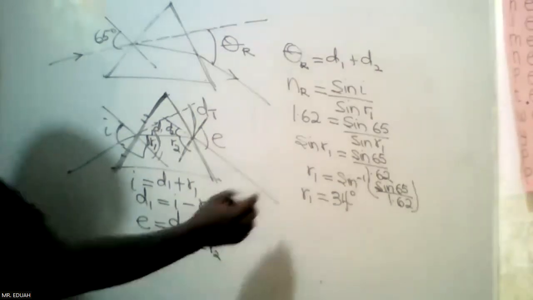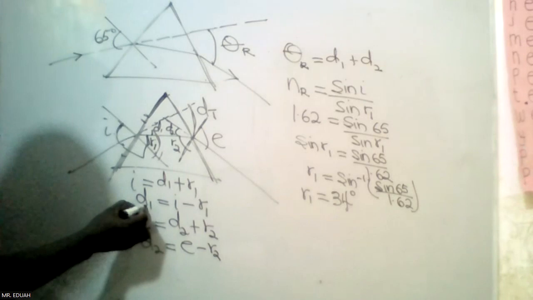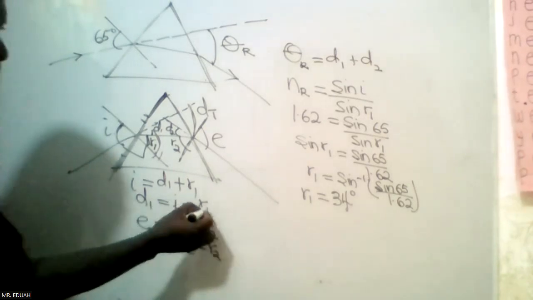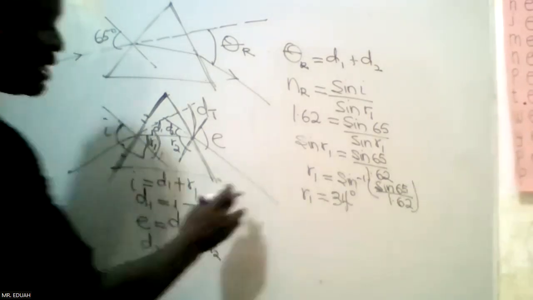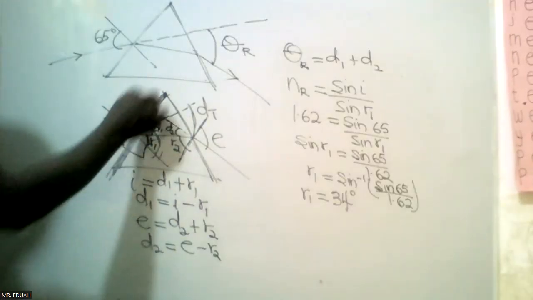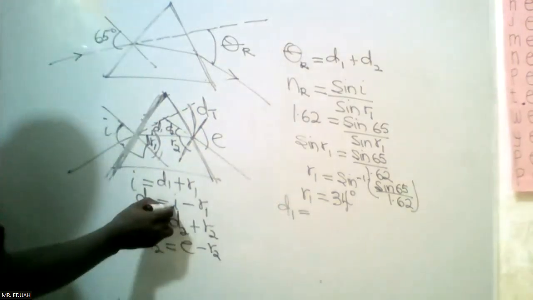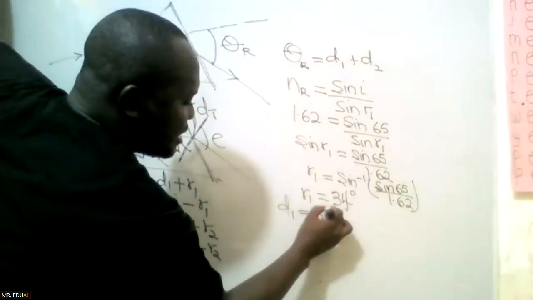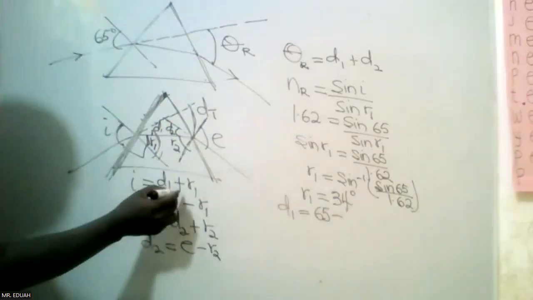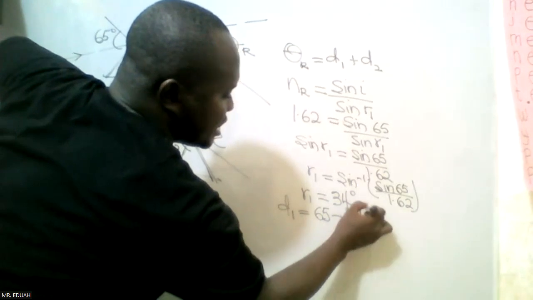Once we have R1, and D1 is equal to I minus R1, we can easily find D1, the deviation over here. D1 is equal to the angle of incidence, 65, minus the first angle of refraction, which is 34 degrees.